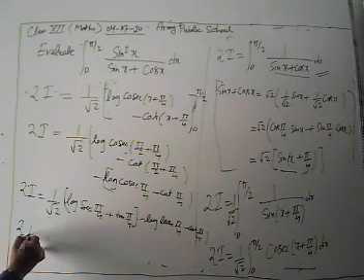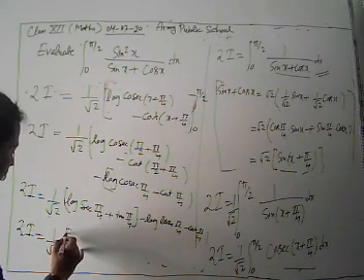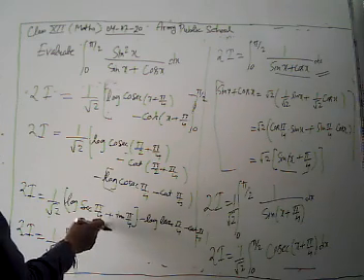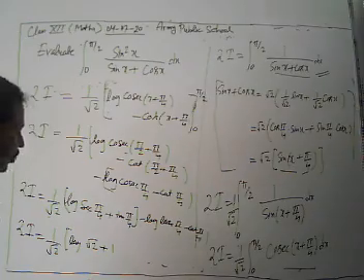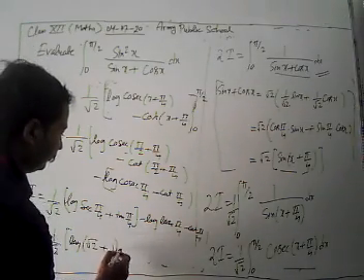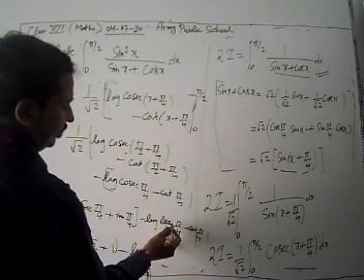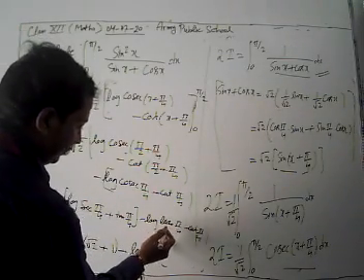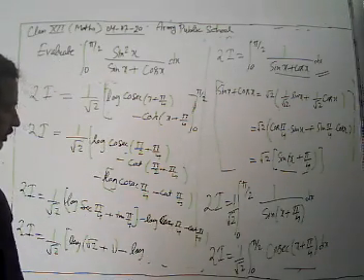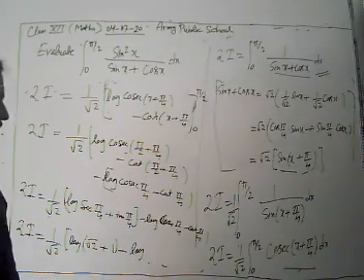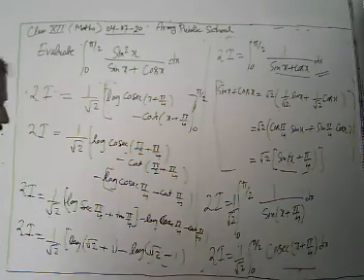Now putting in the values, 2I is equal to 1 by root 2 log: sec pi by 4 is root 2, and tan pi by 4 is 1, so root 2 plus 1, then minus log: cosec pi by 4 is again root 2, and cot is 1.